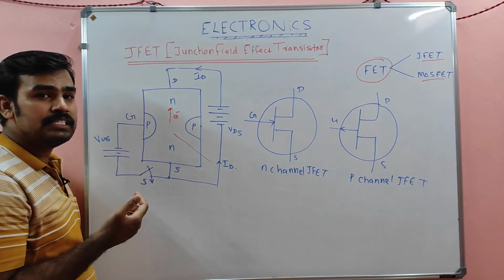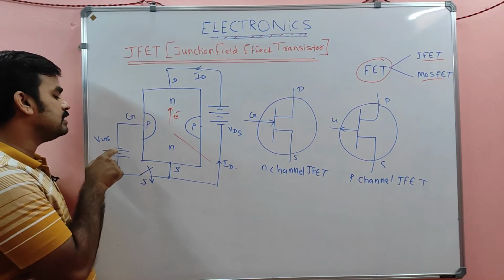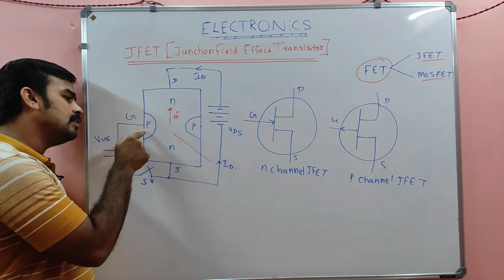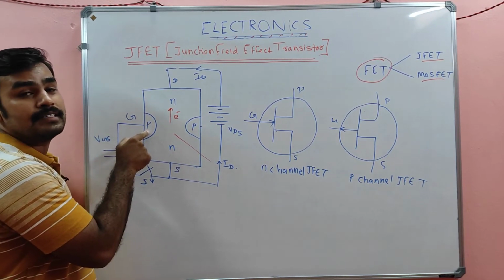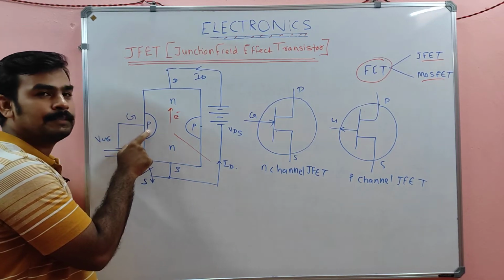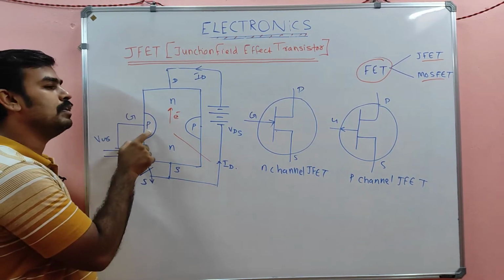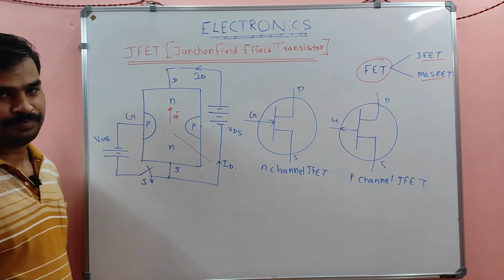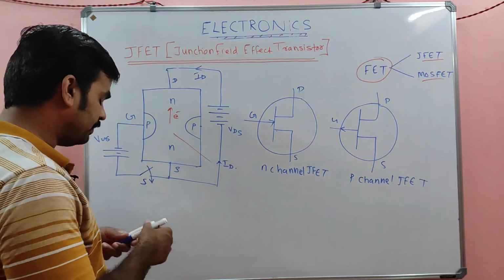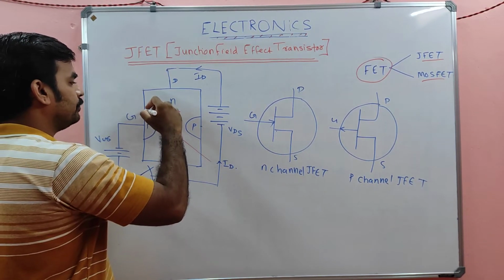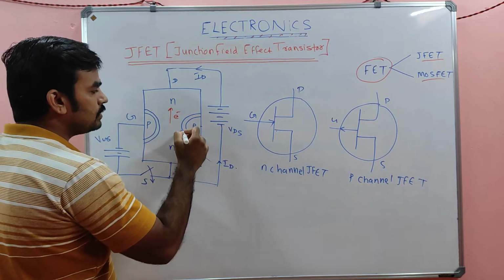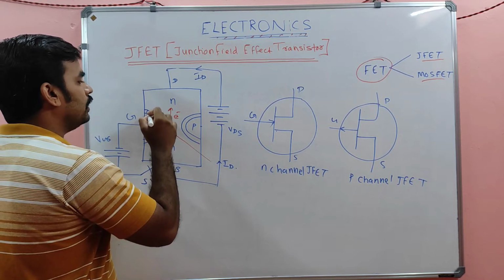And the beauty of the VGS is that this VGS is negative with respect to this P, which will make this P reverse biased. Because N to P. What happened then? The thing will be nothing but there will be an increased depletion layer.